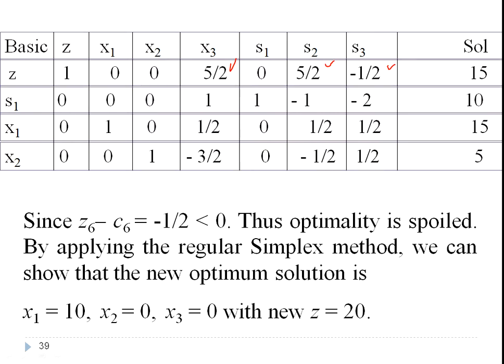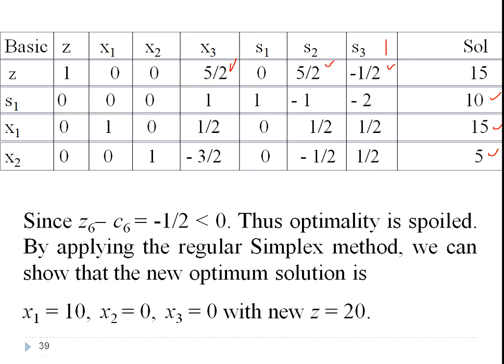Here, due to this negative sign, we know that it has violated the optimality. When we have the violation of optimality and feasibility is maintained, because all are positive values here, we can apply the simple simplex algorithm.